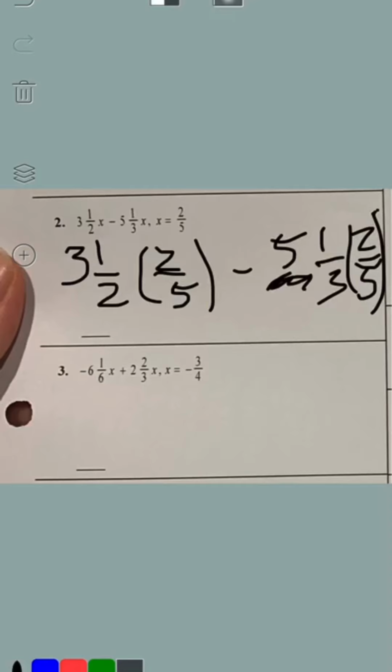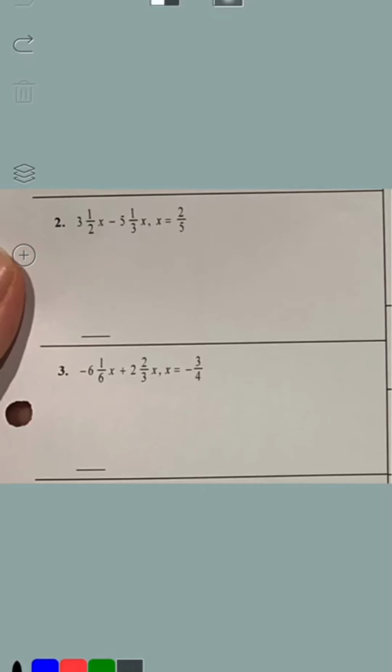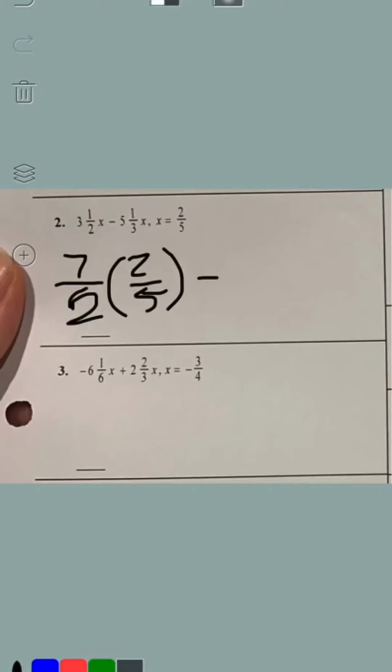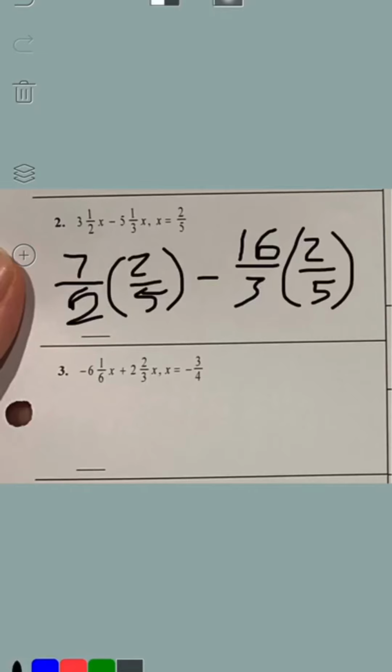For me, it's easier to put this into an improper fraction. So 3.5 is the same thing as 7/2, and then x is 2/5. 5 1/3 is the same thing as 16/3, and then times x, which is 2/5.